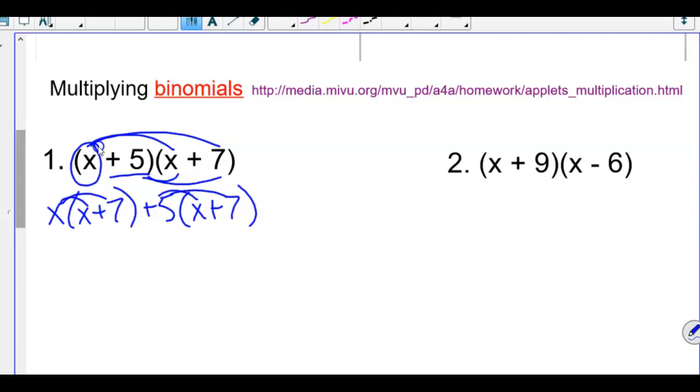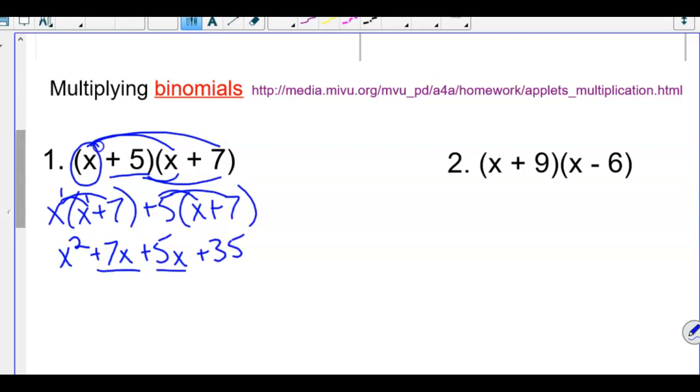I have to remember my multiplying exponent rule. When I am multiplying like bases, I am adding the exponents. Both of these have an exponent of 1. So this would be x squared. X times 7 is 7x. 5 times x is 5x. And then 5 times 7 is 35.